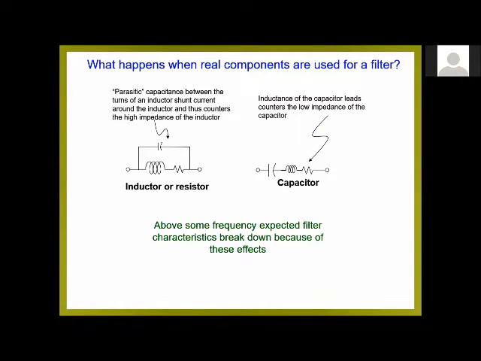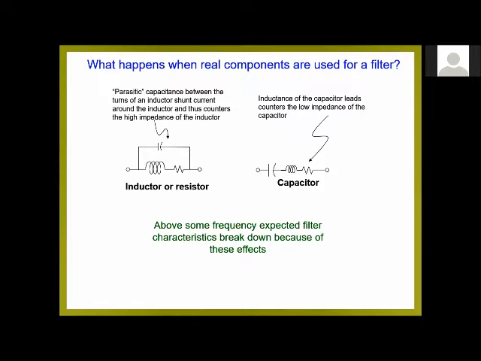The impedance increases with frequency and a capacitor's decreases with frequency, and we use those together in a filter. Well, it turns out that an inductor is only an inductor up to a certain frequency, and then what we call parasitic effects take over. Those are capacitance across the turns of the inductor that are always naturally there.